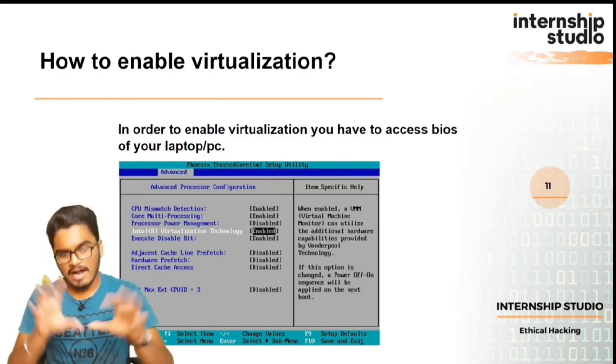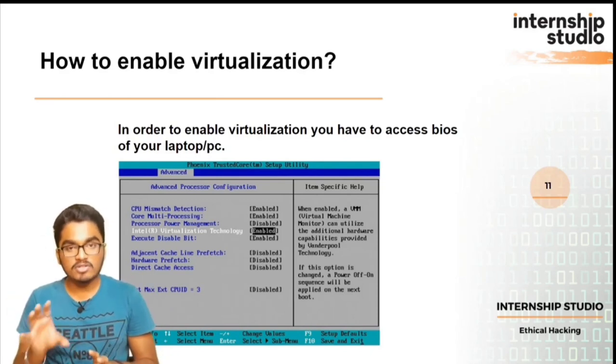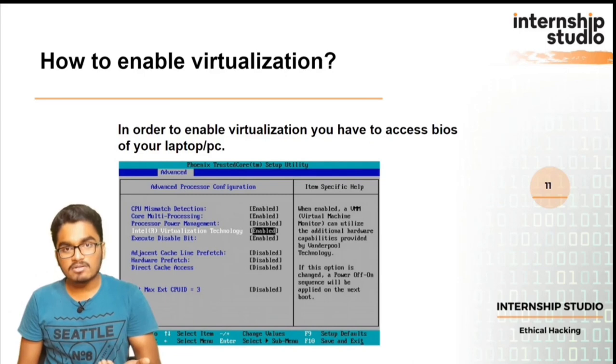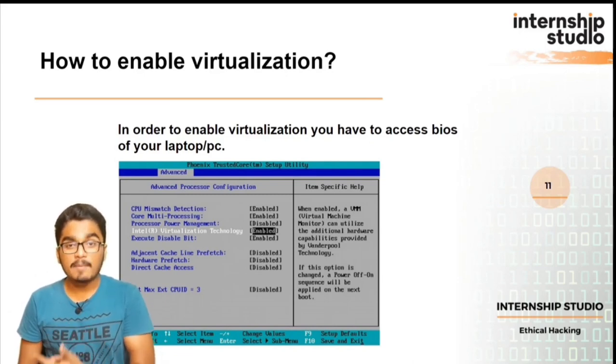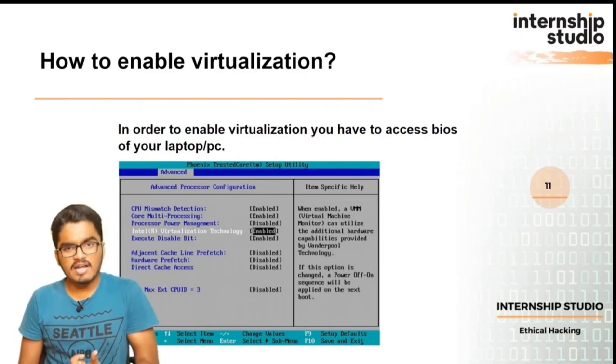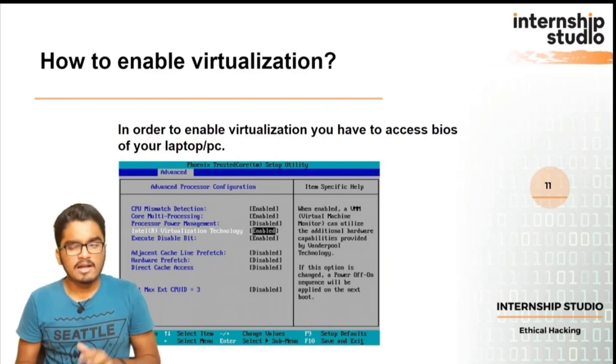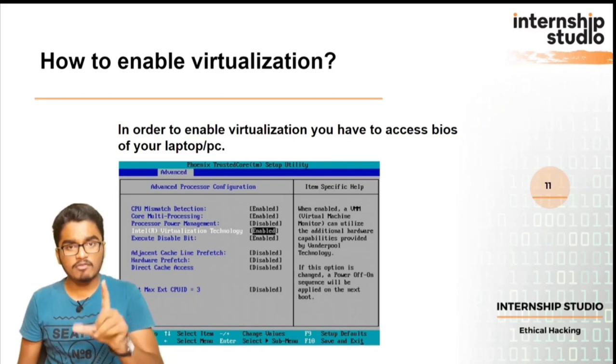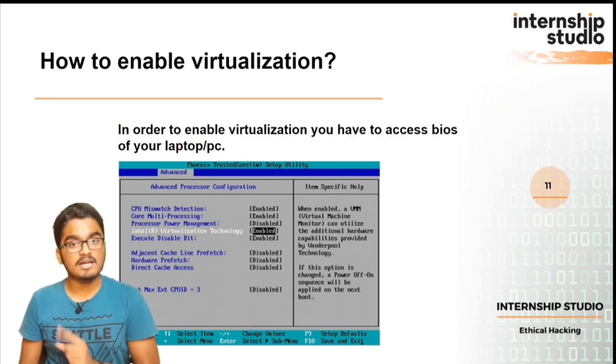Now here I have a sample of how BIOS looks. In your BIOS, there will be an option named virtualization technology, Hyper-V, AMD virtualization, or Intel virtualization. It would be similar to this, but you have to focus on the word virtualization. Just go on that option and enable it.